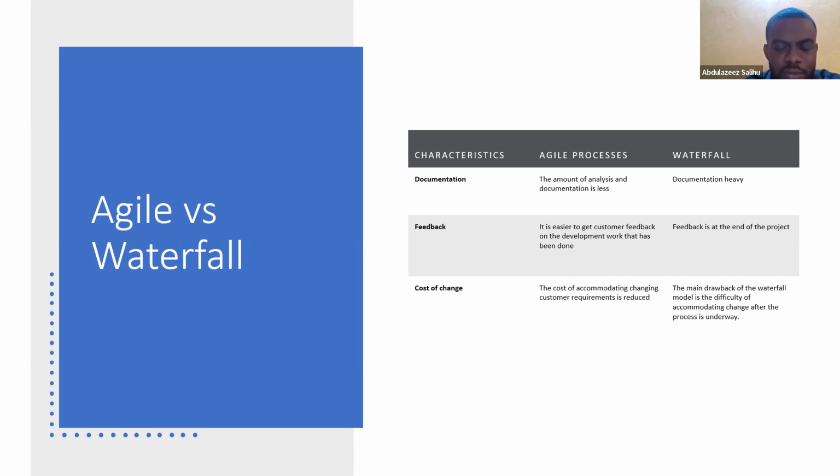What is the cost of change? Sometimes we refuse change because we have started already, the developers are already working, we're already investing, so we're not taking change. Eventually, you end up implementing solutions that nobody uses. We call them staging. We implement a solution for staging. It's just there.